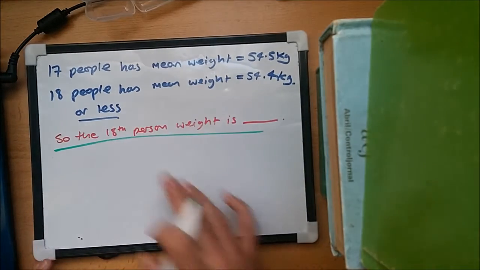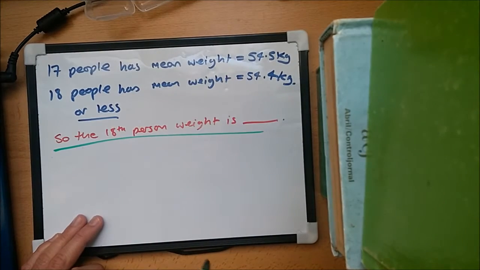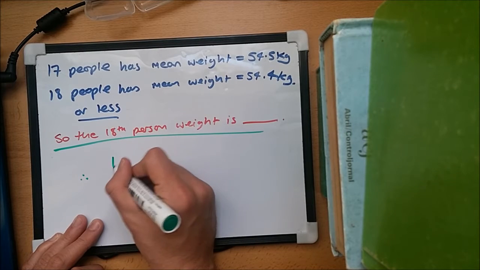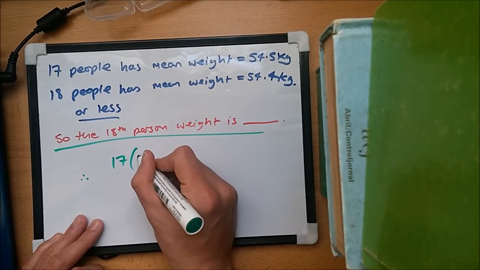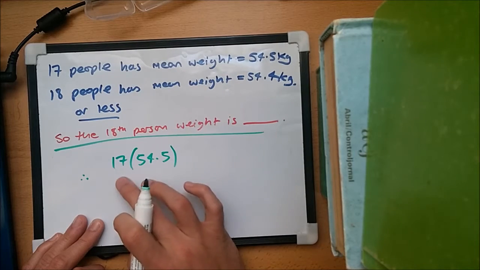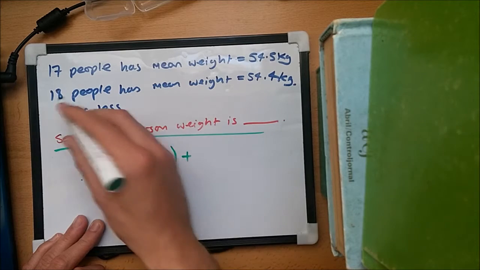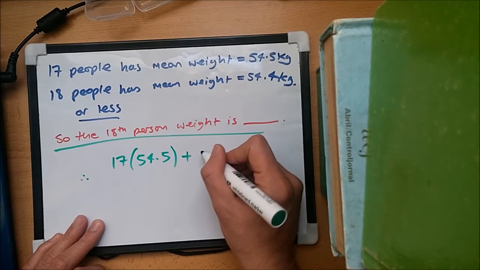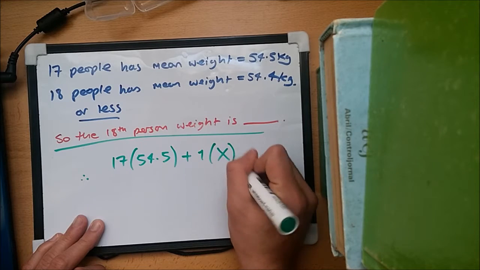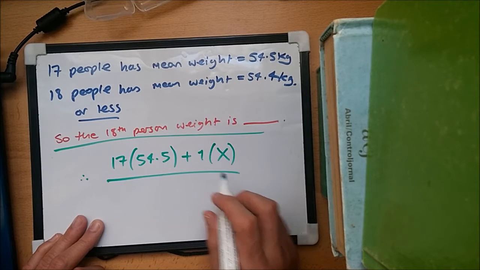Knowing that on average, all 17 total up to 54.5, we can say that 17 people are 17 times this amount. The bracket just means multiply. Plus, now we need the 18th, so we can say an extra guy, one, and we want to know what his weight is, so we call him X. You can call him W if it makes sense.